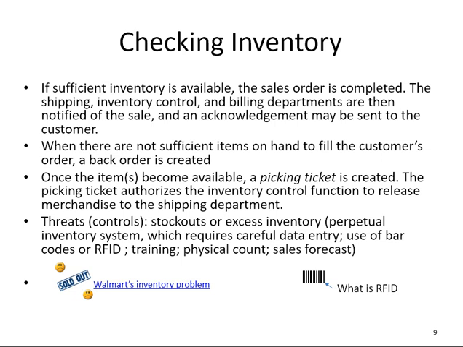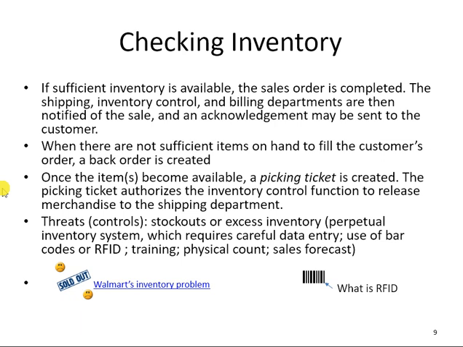All right, so once items become available, we're going to generate a document called a picking ticket. The picking ticket authorizes inventory control functions to release merchandise to the shipping department, usually authorizing the warehouse to release the inventory to the shipping department.